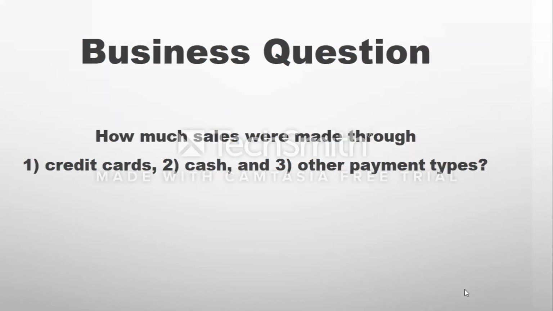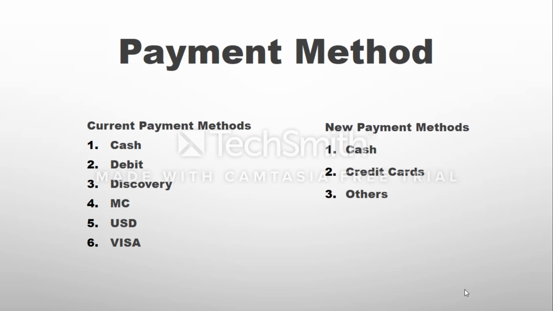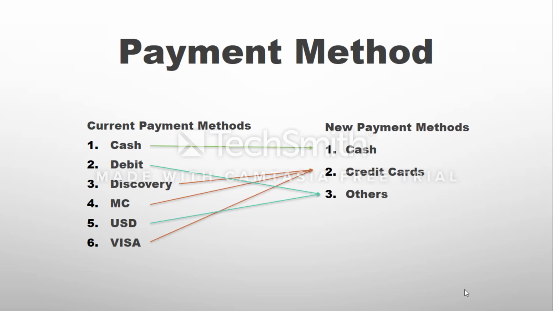Column F contains the payment method information, and the values are cash, debit, Discovery, MasterCard, USD, and Visa. We'd like to create a separate column to group these six values into cash, credit cards, and the other types to answer the owner's question.